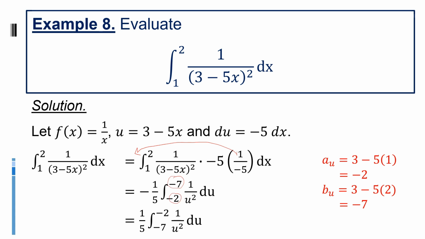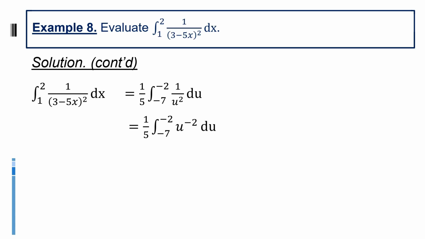So, pwede nating pagbaliktarin yan, pero magiging negative na to. That becomes 1/5, so positive na siya, times the integral from negative 7 to negative 2 of 1 over u squared du. Or that is equal to 1/5 times the integral from negative 7 to negative 2 of u to the negative 2 du. Para mas madali natin siyang i-integrate.